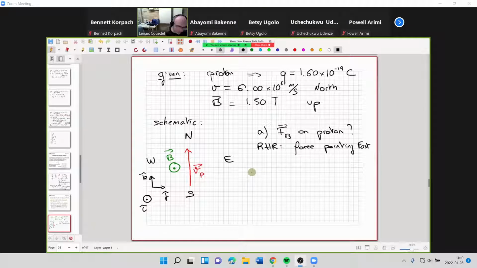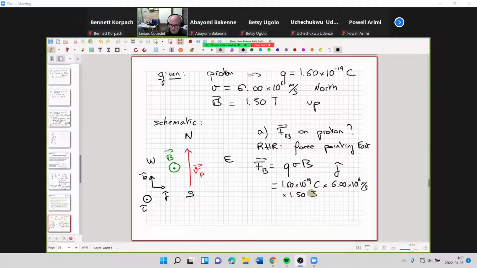So here I have my answer. The magnetic force FB will be pointing east, so along J hat in this case. So it's QVB in value. So you just put what you need: 1.6 10 to the minus 19 Coulomb times 6.00 10 to the 6 meter per second times 1.5 Tesla.